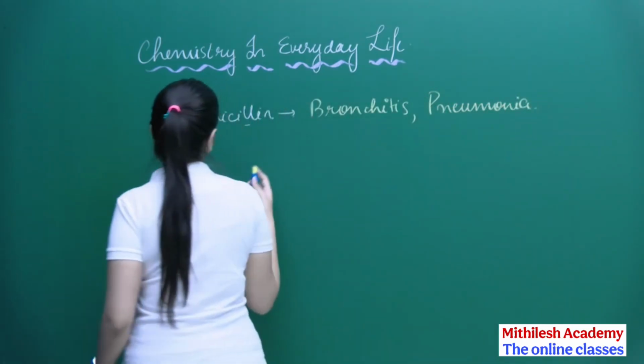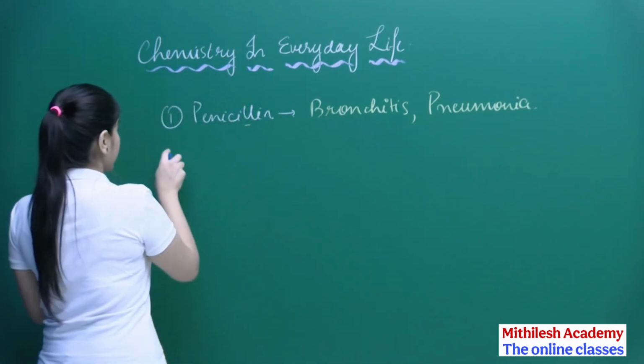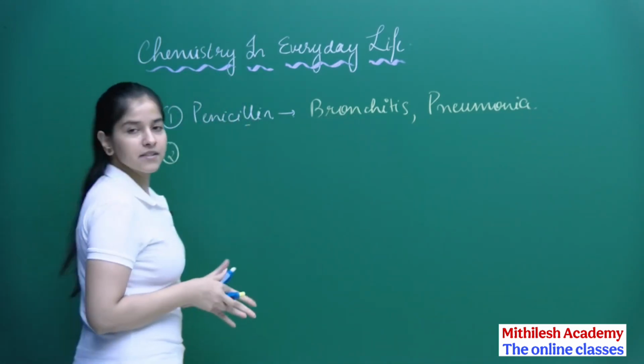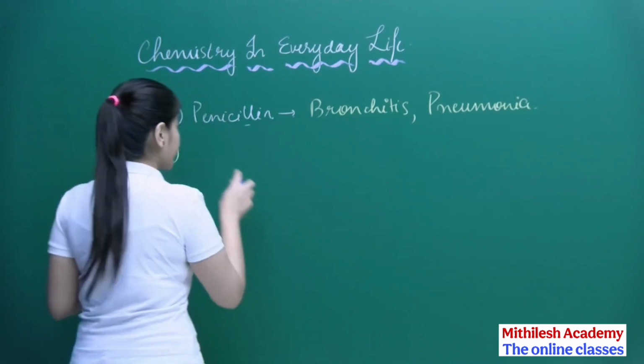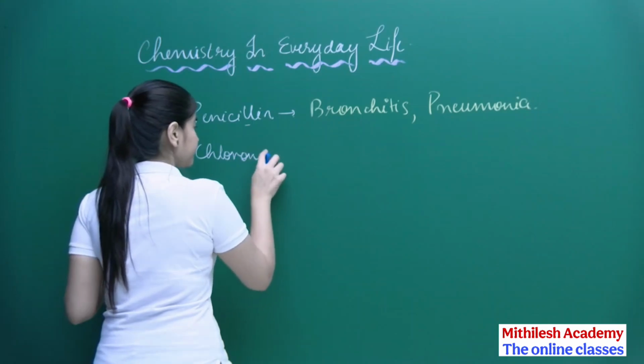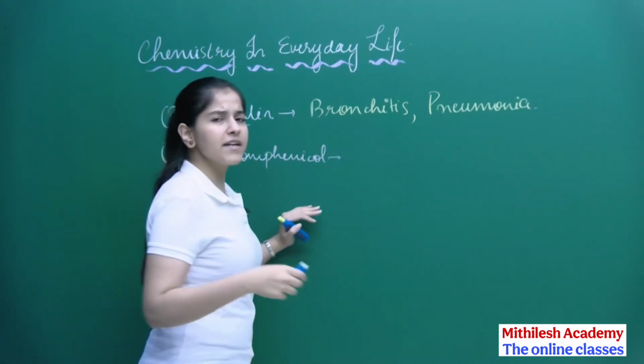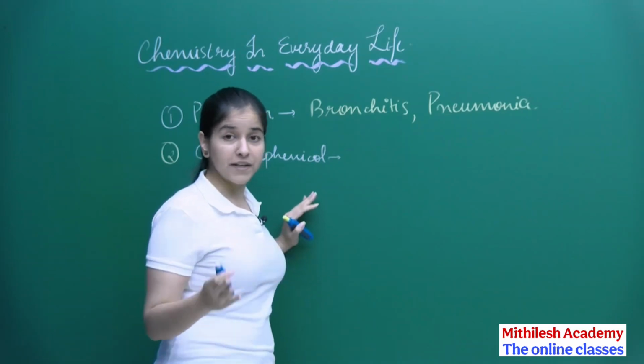So these are the kind of treatments, and many others, for the penicillin that I am talking about. The second we have discussed is chloramphenicol, acting upon a wide range of diseases, a wide range of bacteria even.